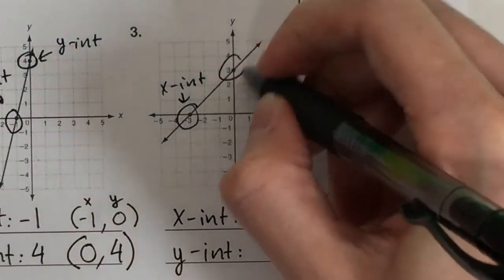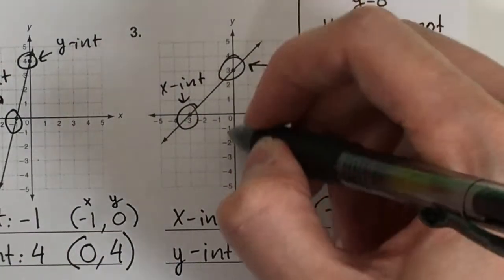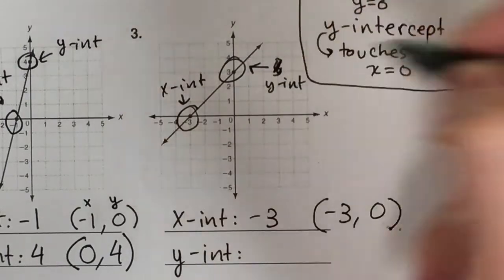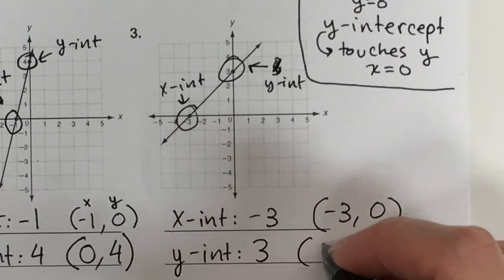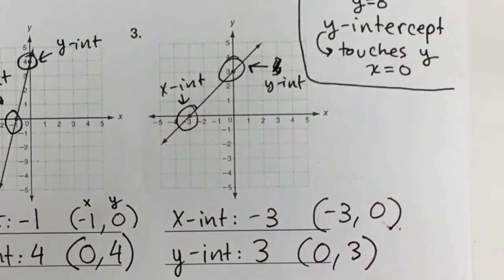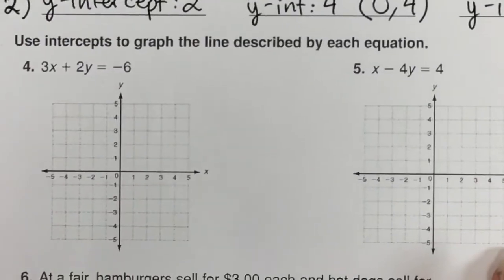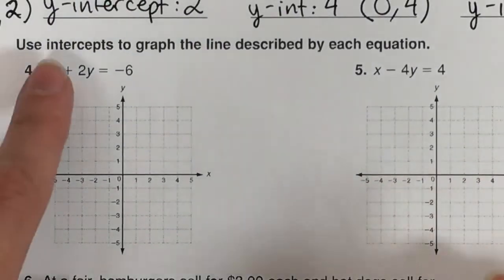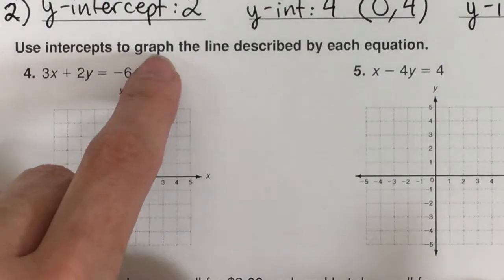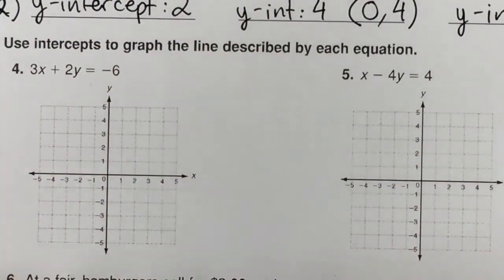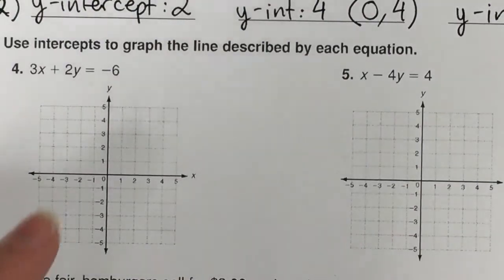And the y-intercept is here, where it touches the y. That would be +3. Oops, that's the y-intercept. So 3, so 0, 3. Okay? Now for this equation, it said use intercepts to graph the line described by each equation. So for this one, we're actually going to have to do some work.